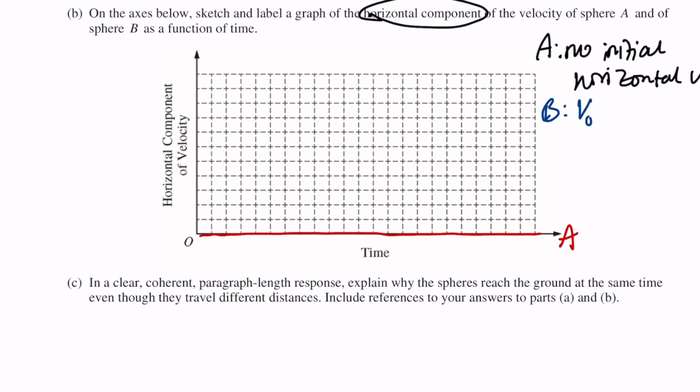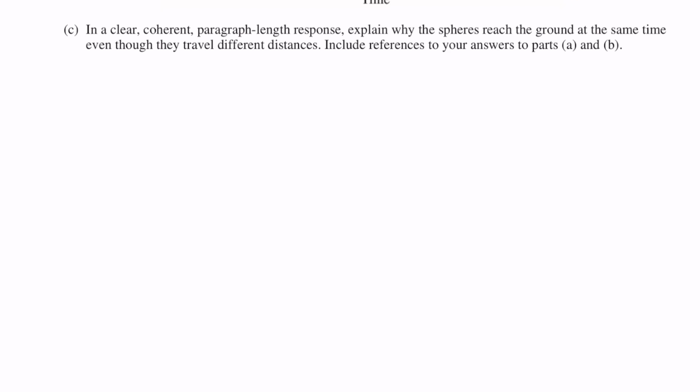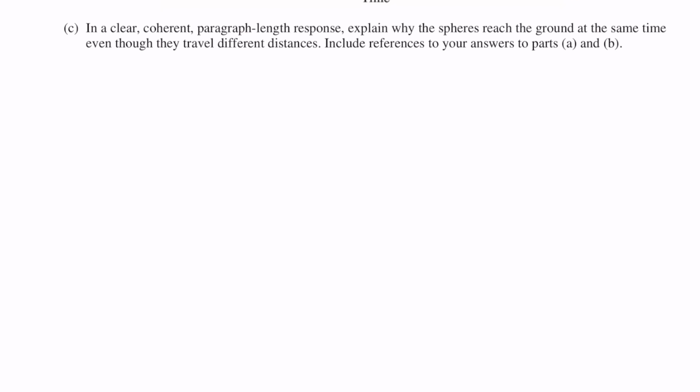So if we arbitrarily choose any point on the graph as v0, let's say this point as v0, we can draw a line here, and that will be the entire horizontal component of velocity for B throughout the entire time of flight.